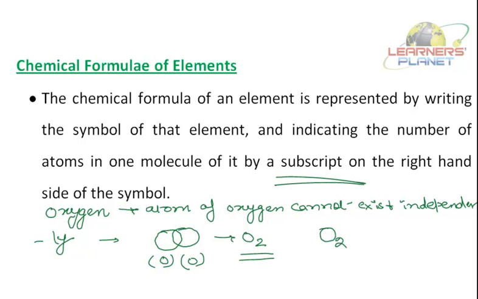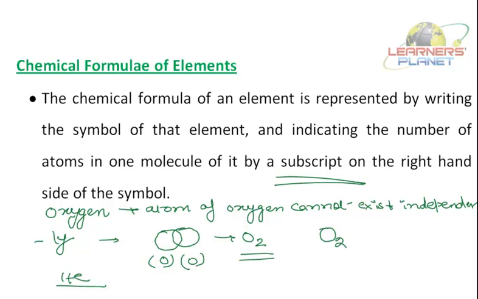See, there are elements which can exist independently. Say helium. Helium is represented by He. So the elements which can exist independently can be represented by a single letter. But for those which cannot exist independently, you have to find out how many atoms are there in its one molecule.